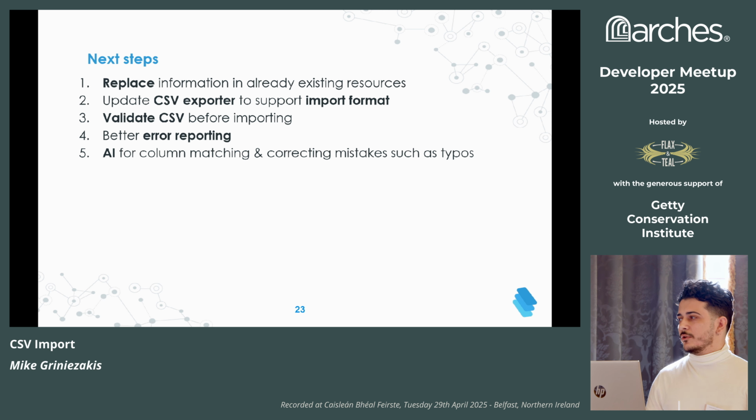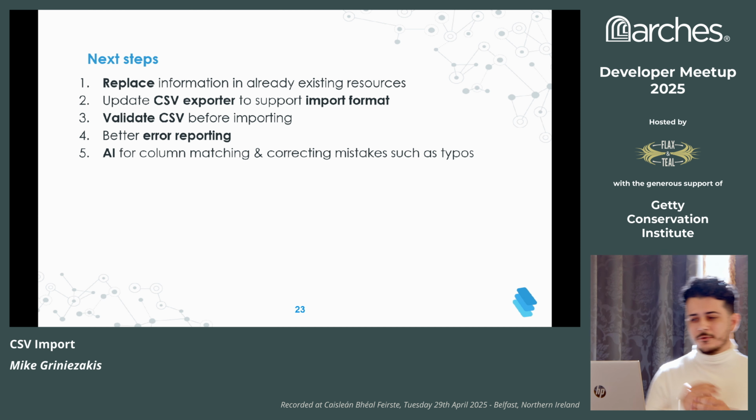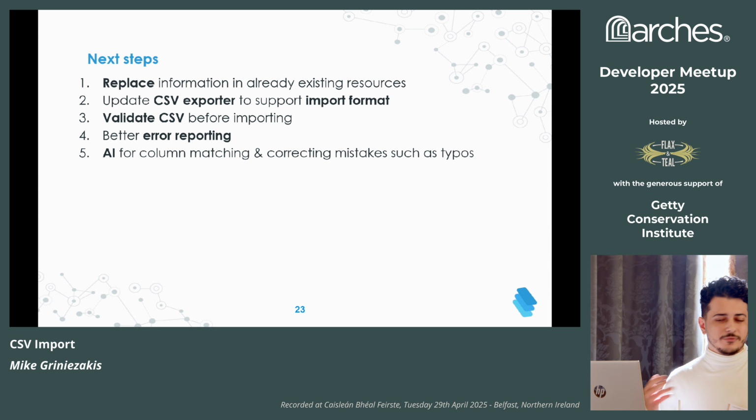Thirdly, we want to speed up the validation a little bit. So we want to validate the CSV before creating a task for it and trying to import it, so that the user can know the error before trying to import it. Fourth, better error reporting, because the errors are not very descriptive. So we want to provide the users with more errors and guide them on how to fix them.